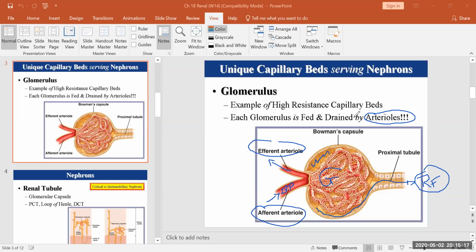Okay, so this is unique to a glomerulus. Nowhere else in the human body will you find this arrangement, a capillary bed flanked by both artery types. The entry and the exit of that capillary bed is being served by both artery type blood vessels.